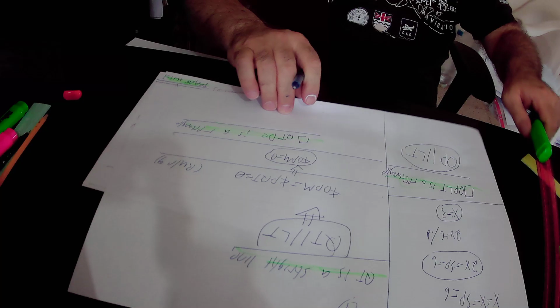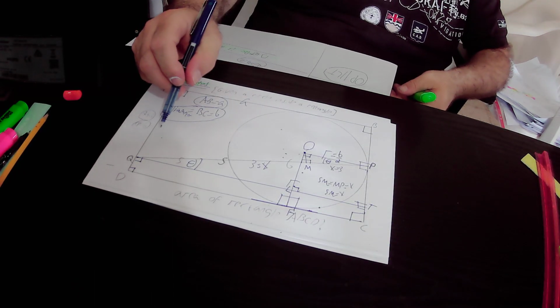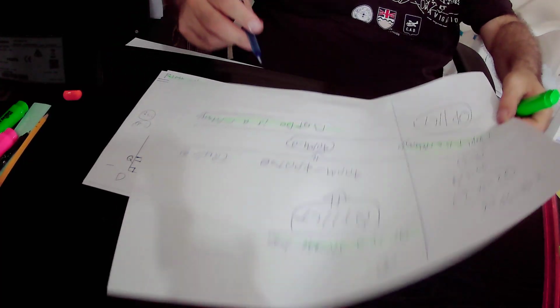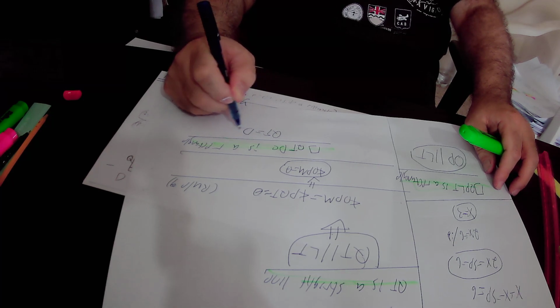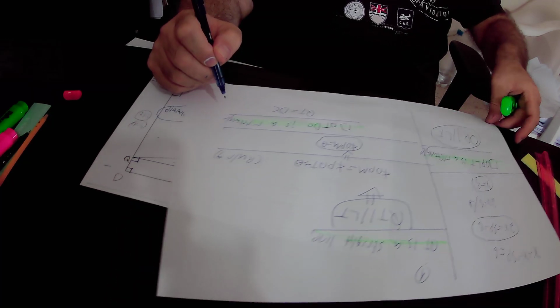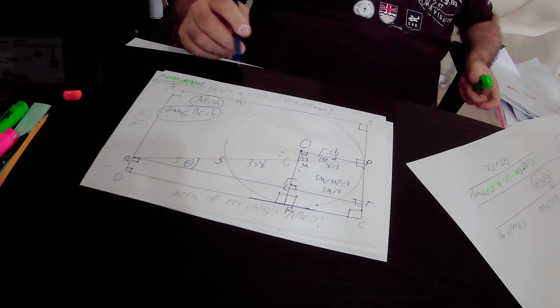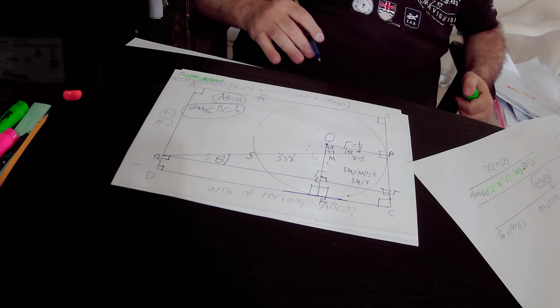But we also know that the opposite sides of a rectangle are equal to each other. That is to say, QT equals DC. But ABCD is also a rectangle, and the opposite sides of rectangle ABCD are also equal to each other.